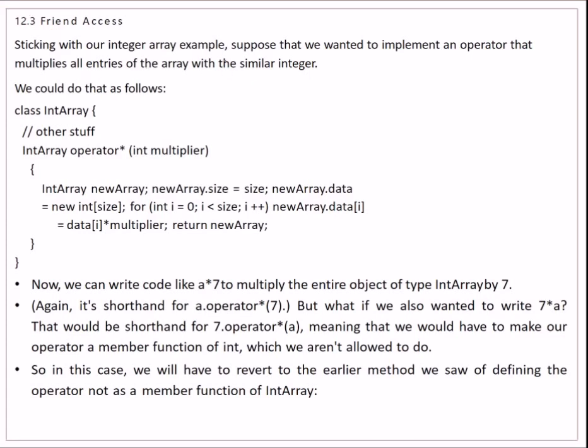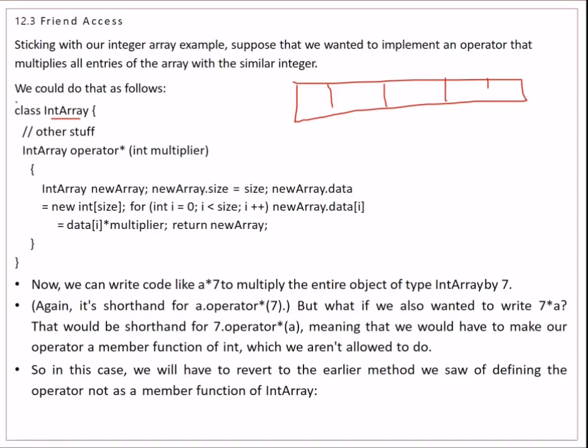We have been doing a lot of work with this class IntArray, and we continue with IntArray only. Suppose that we want to implement an operator that multiplies all entries of the array with a single integer. That means you have an array, and you want to multiply all the elements of the array with a single element or multiplier.